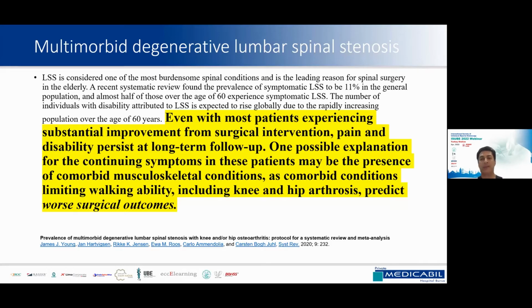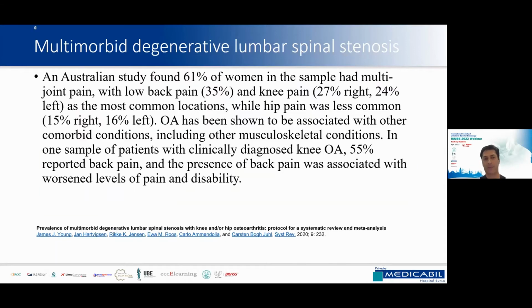One possible explanation for these continuing symptoms may be the presence of comorbid musculoskeletal conditions. Comorbid conditions limiting walking ability, including knee and hip arthrosis, predict worse surgical outcomes.